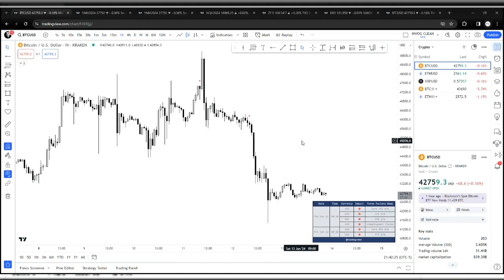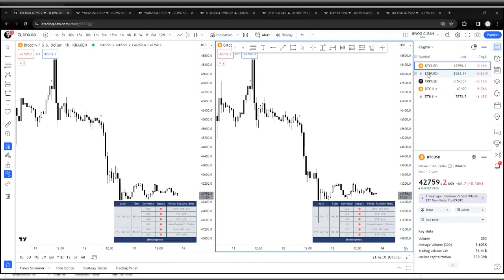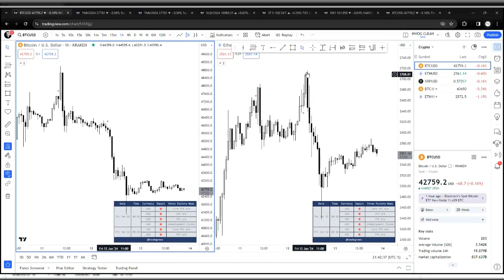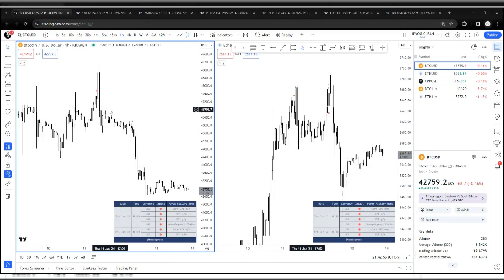Another thing to take into consideration is there was SMT divergence between Bitcoin and Ethereum on Friday, right? So I remember sometime around here, after this had happened, I tweeted that I'm pretty sure I was stating that I'm expecting a shift in macro trend.